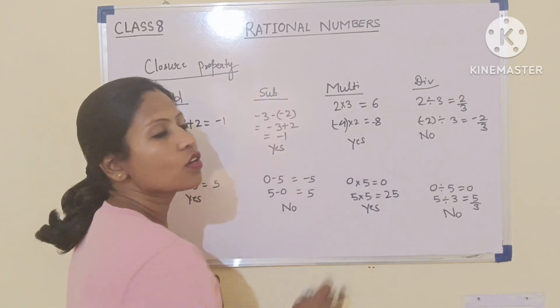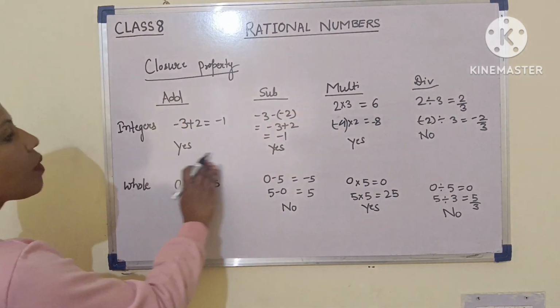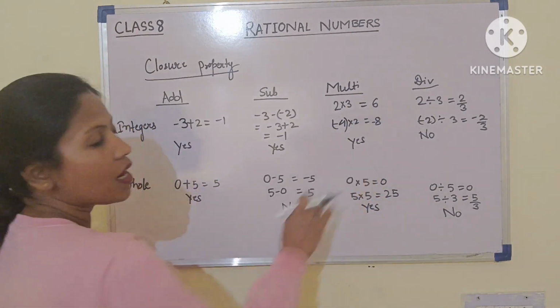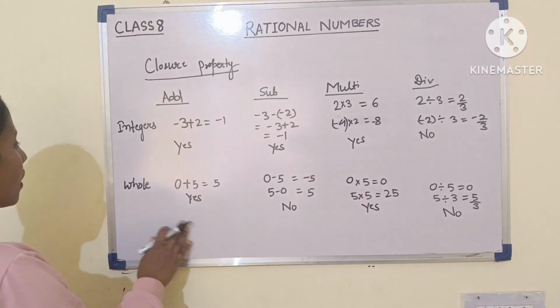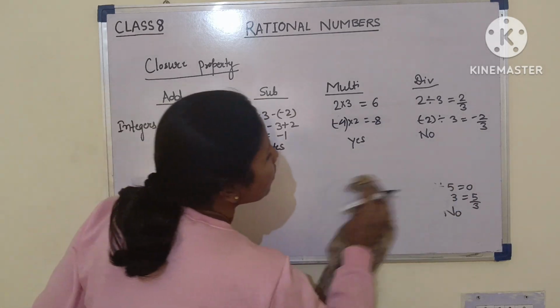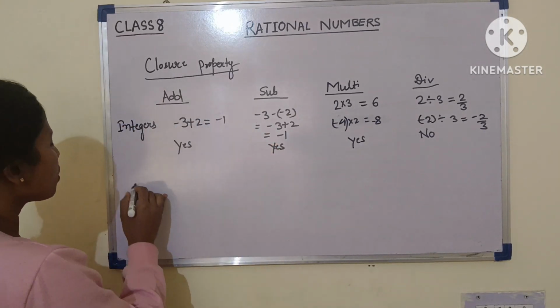So closure is not followed by division. Got it? So this was about the integers, where we found that addition, subtraction and multiplication are okay, but division is not okay. Then let's talk about the rational numbers. Let's remove this. We are studying the closure property.